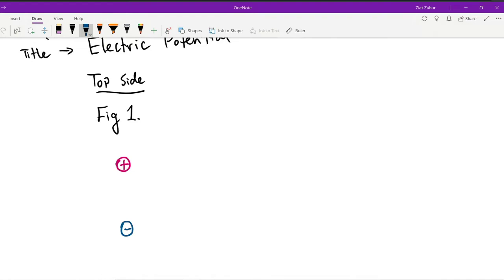Like so. Okay. Let's say these 2 are separated by a distance of d. No, let's not use d. Let's use r. There we go. Stay consistent.